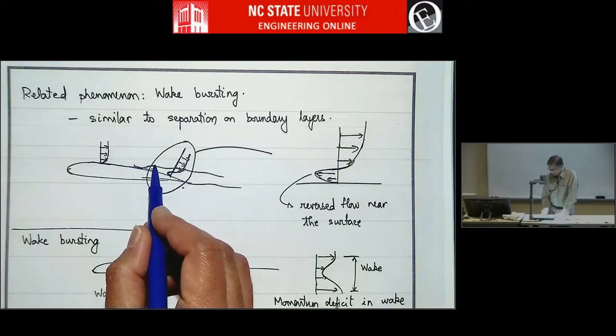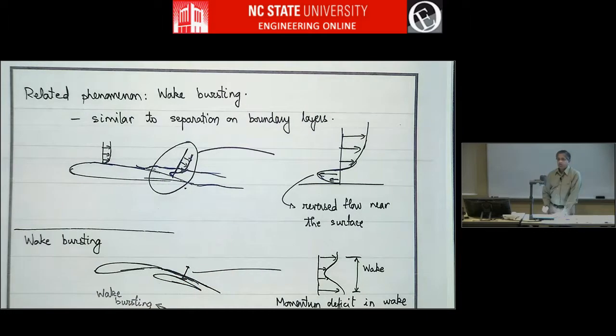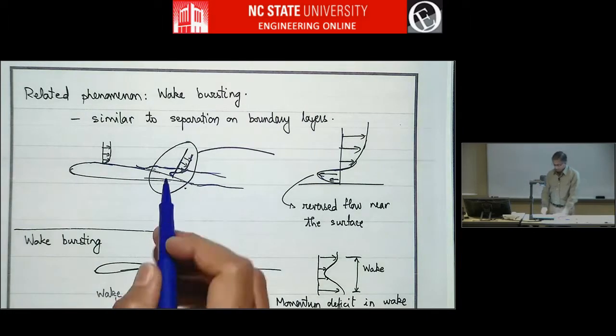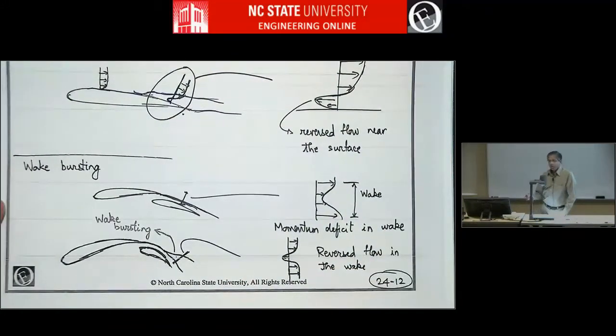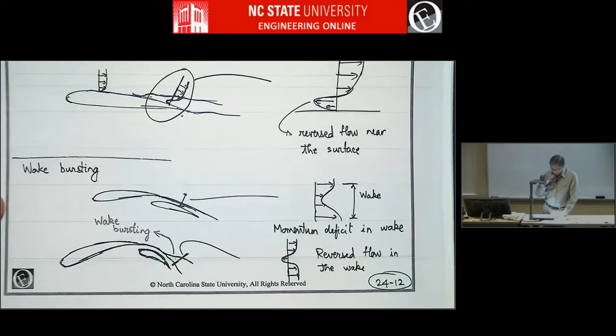And when that happens, the displacement thickness suddenly becomes large and you have separated flow. That's boundary layer separation. Wake bursting is a similar phenomenon, but it occurs in wakes.